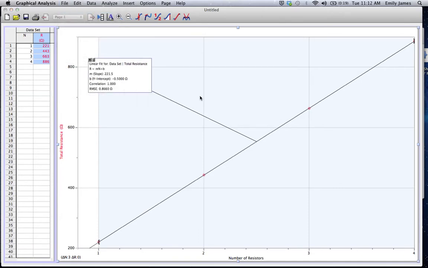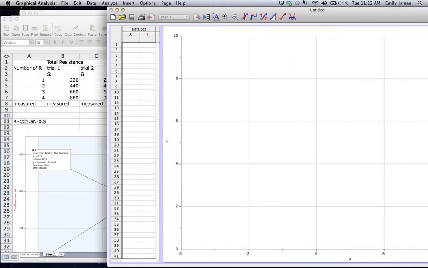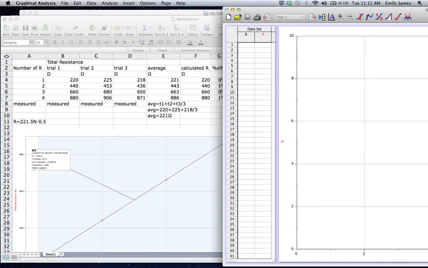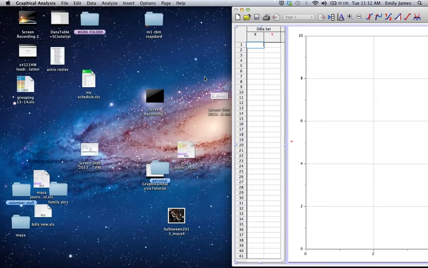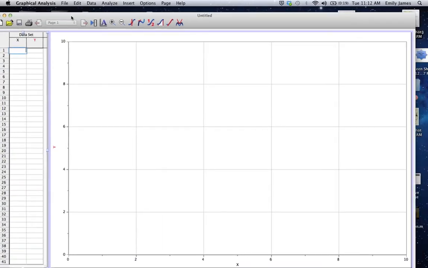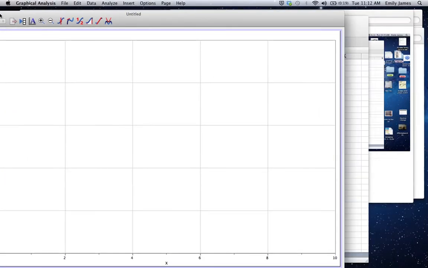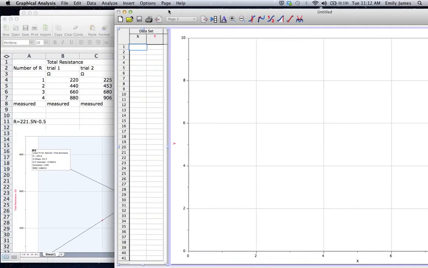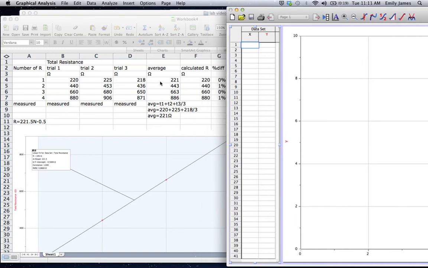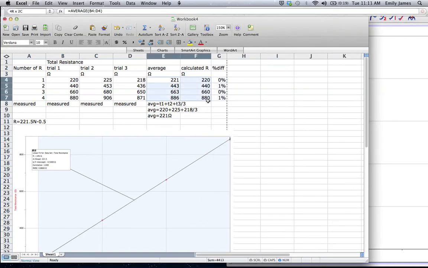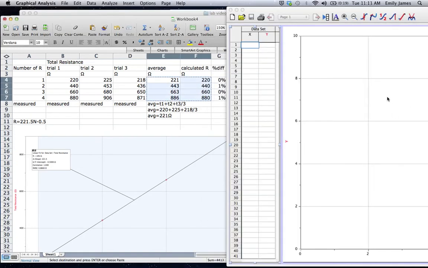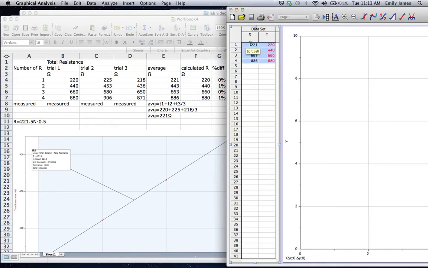I don't need to save that. I've already gotten that. And I'm going to graph these two things against each other. So I'm going to copy, I'm going to paste. Shazam.